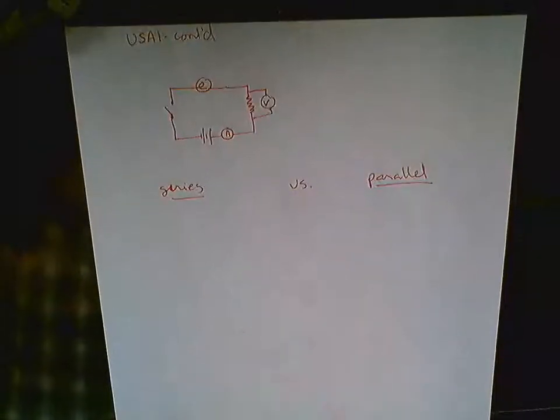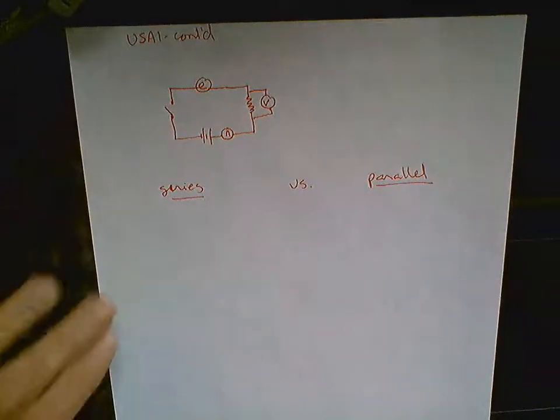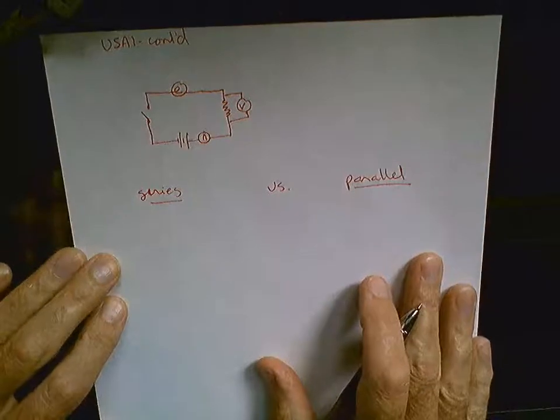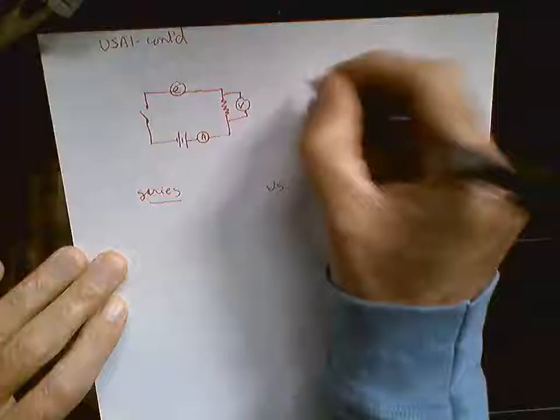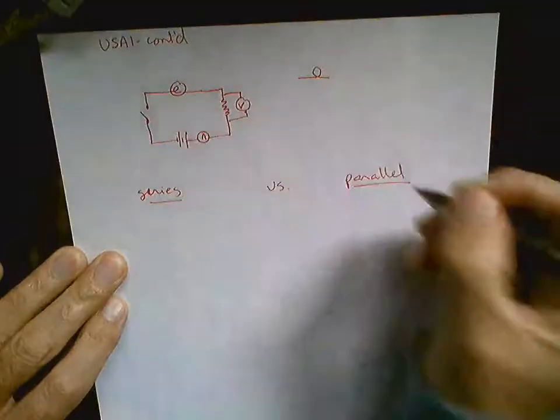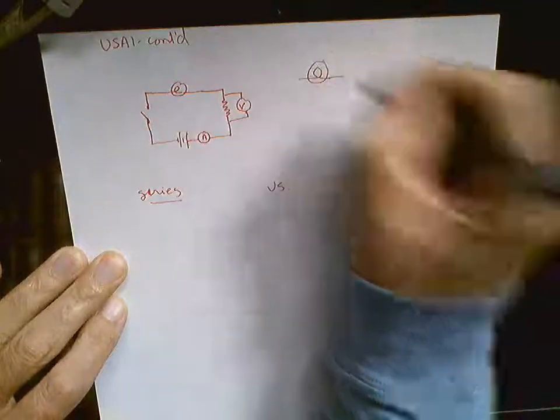What you should do is go through all the parts that make up a circuit as you go through U5A1 and make sure that you understand what some of those parts are. So for a load like a light bulb, I just draw something that looks like that, and then I put a circle around it.